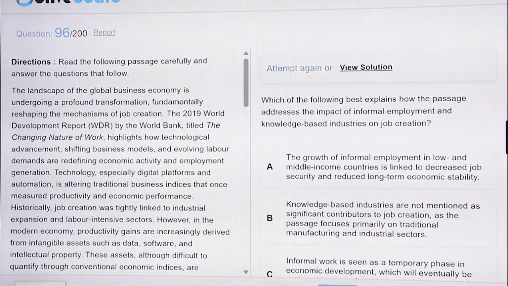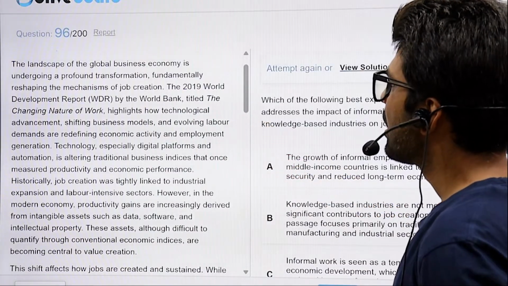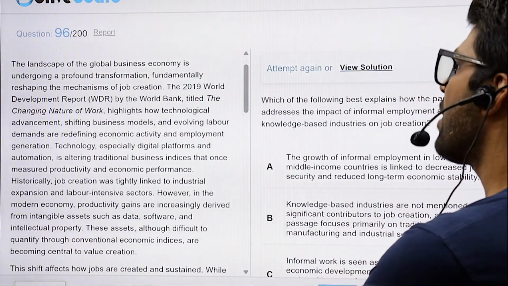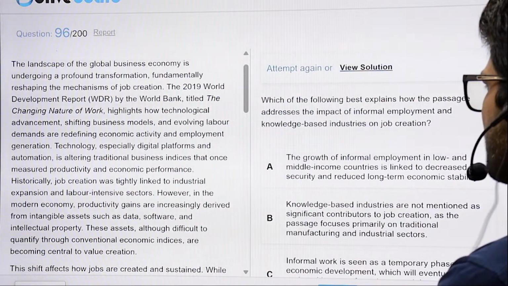Next. The landscape of global business economy is undergoing a profound transformation, fundamentally reshaping the mechanisms of job creation.